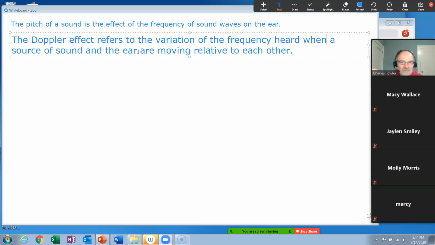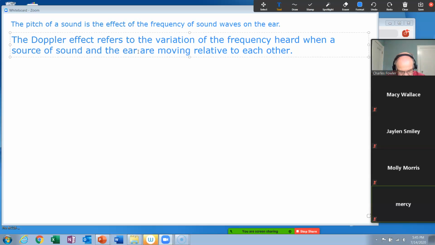Now, if you were moving rapidly toward a constant sound, you would also hear it go up in pitch. And if you're moving away from something rather rapidly, even if it was at constant frequency, it would sound like it's going down in frequency, down in pitch.